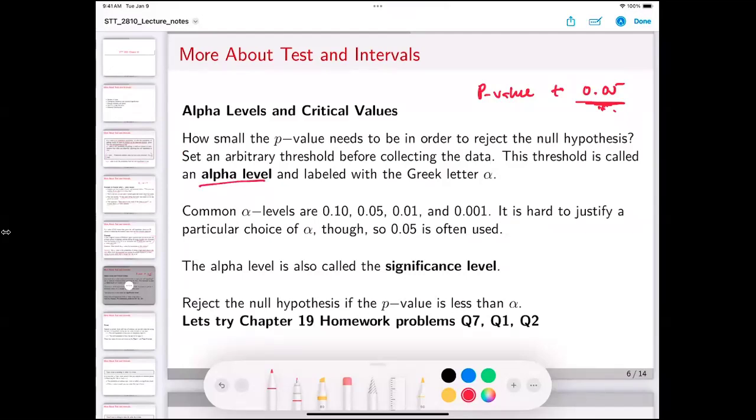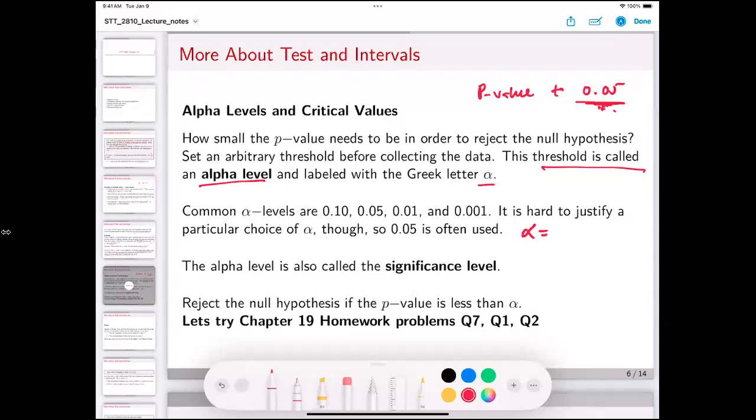So that baseline, the threshold, is the alpha level. And they use the Greek letter alpha to denote it. So anytime you see alpha, it is the significance level. It is also the type 1 error. We'll get to that. But your exams also give you symbols and ask you what this symbol stands for.